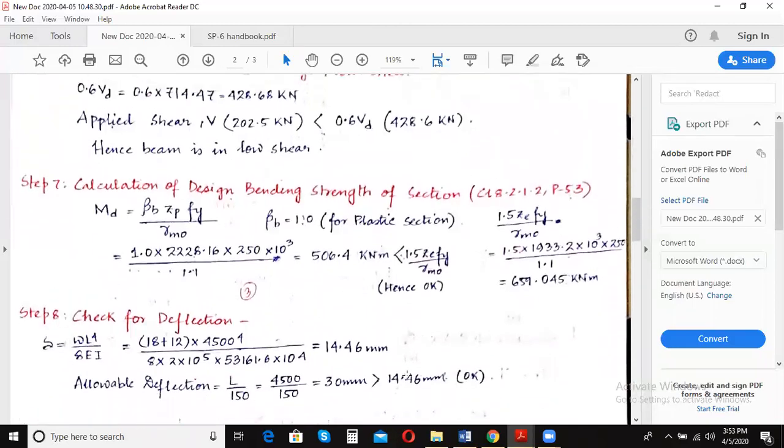Now then you have to check for deflection. So in case of a cantilever beam, if you have forgotten calculation of deflection, it is in analysis of structures, not in steel structures. Suppose this is a cantilever beam, right?